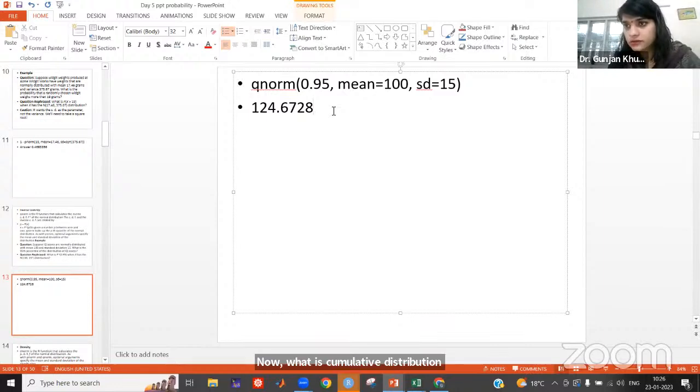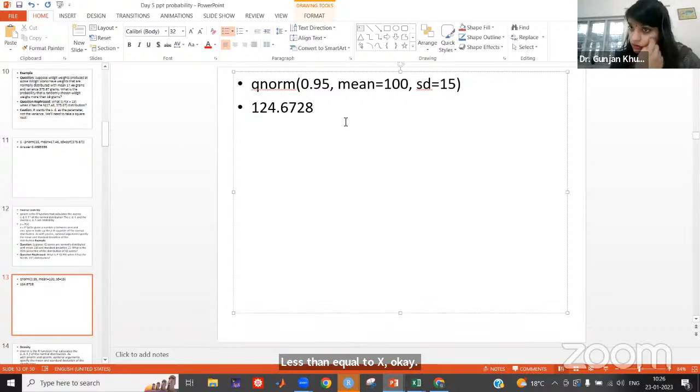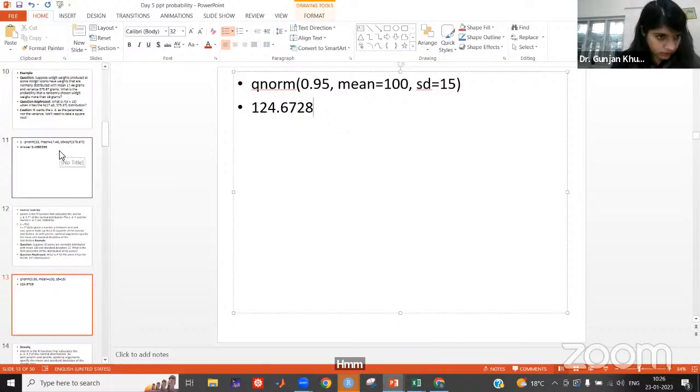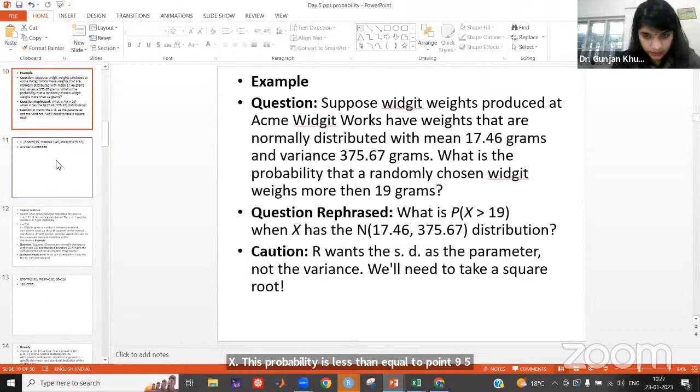So you have to think that way: for what values of capital X is this probability less than or equal to 0.95? Okay, let me come on to the next part.